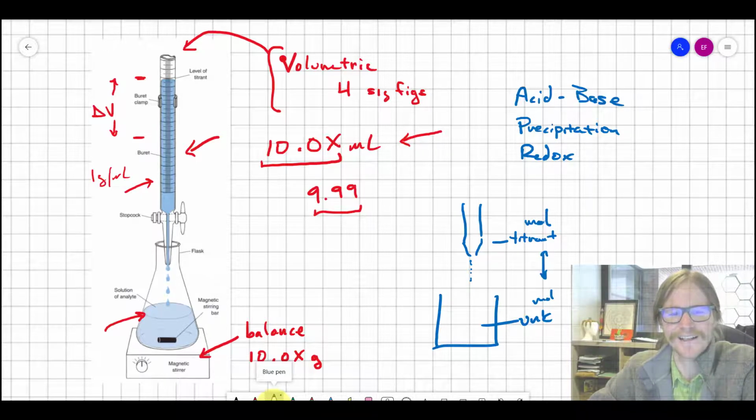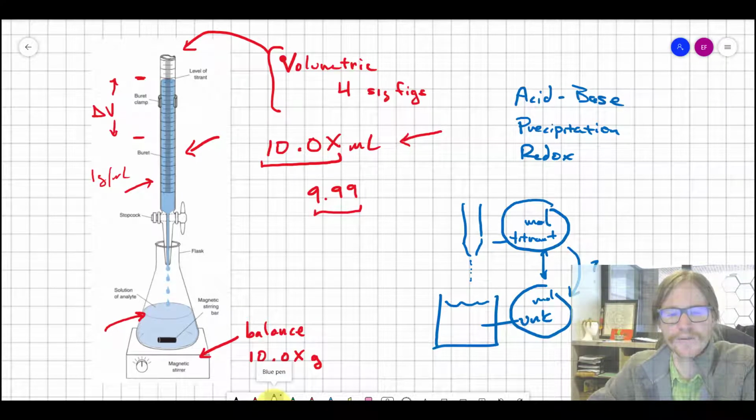If we can achieve that criterion, meaning we have some indication that we've achieved it, then using stoichiometry in a balanced chemical reaction, we can figure out from moles of titrant how many moles of unknown we had. If we know the volume of the original solution, then we have moles of unknown per volume, which gives us the concentration. And that's really the major goal in volumetric titrations.